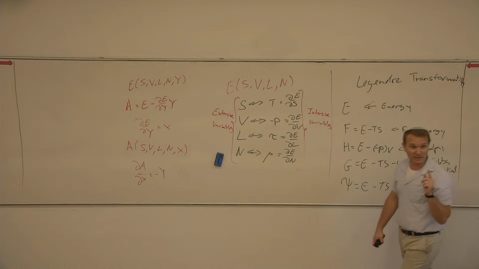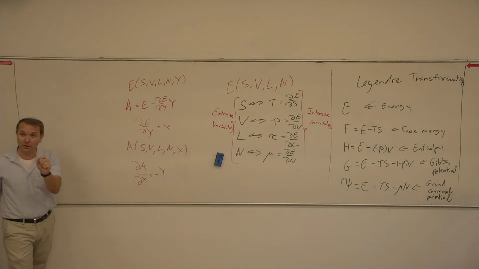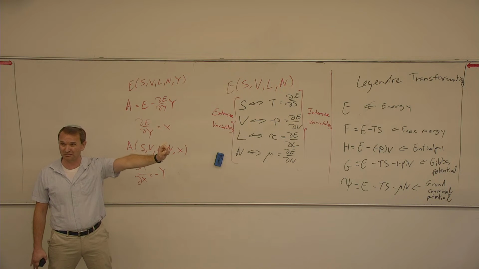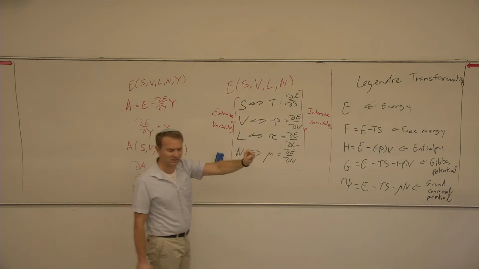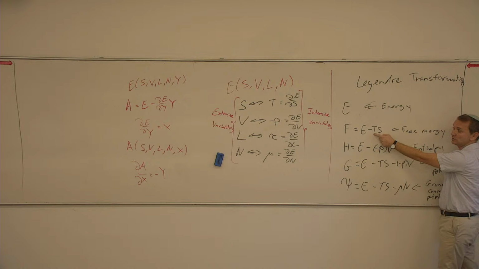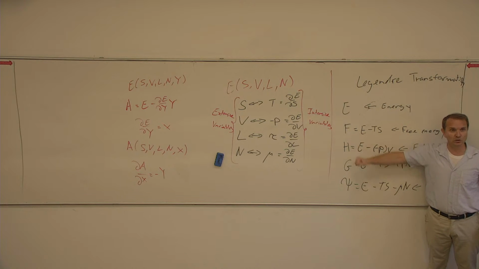This is already an advancement, because in a lot of cases we cannot say, I'm keeping my system at constant entropy. It's hard to manage that, but I can keep my system at constant temperature. So if I keep this temperature constant as a function of time, it won't go up, it won't go down, I know that my free energy is going to be at minimum.